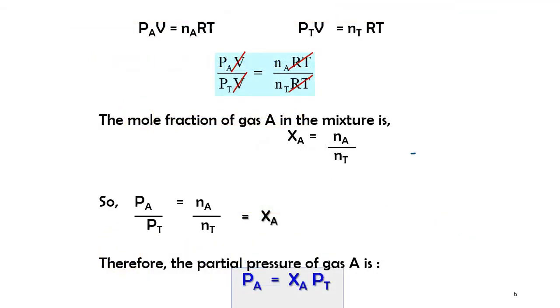Okay, so if you have partial pressure of A, PV equals nRT, ini adalah for gas A. And then this is the total, PV equals nRT, but pressure total and mole total. So you can also use mole fraction. How can we get this?